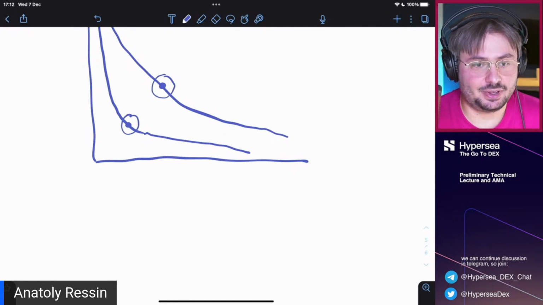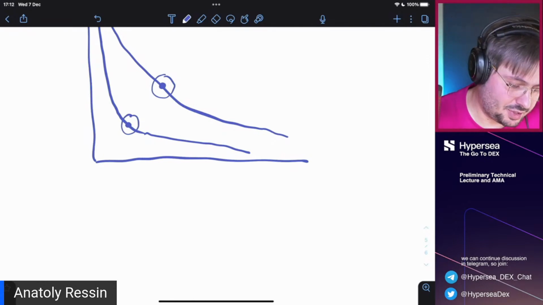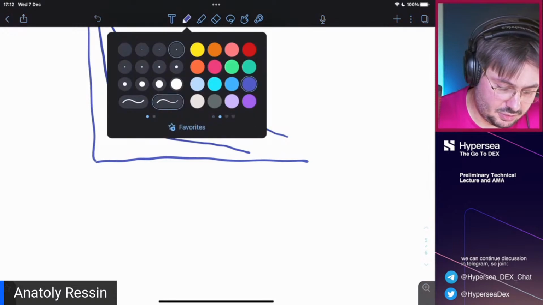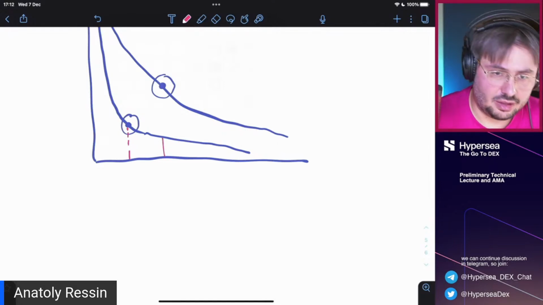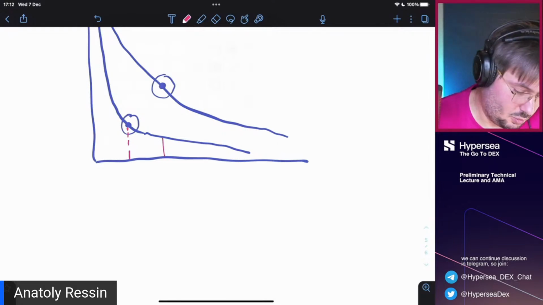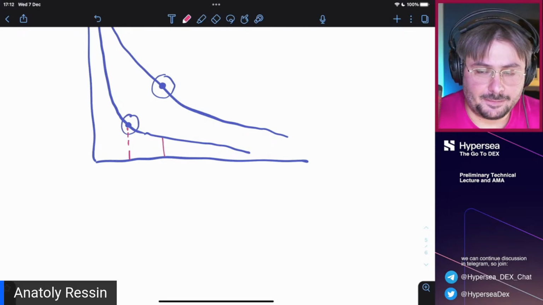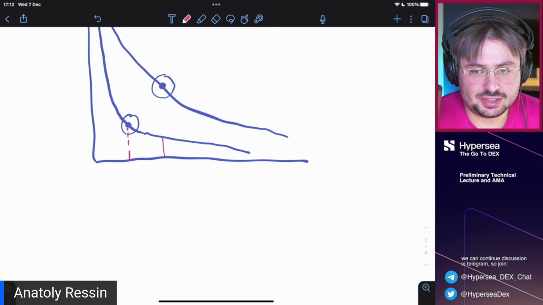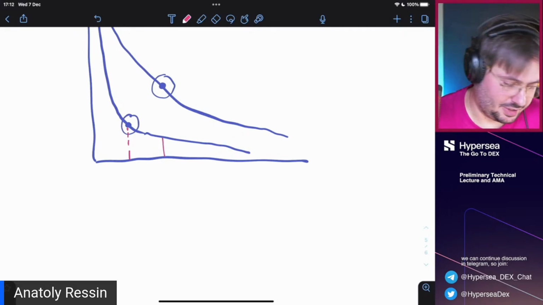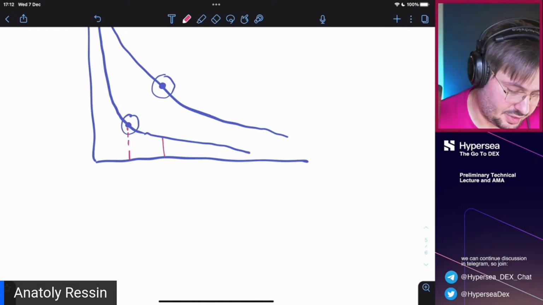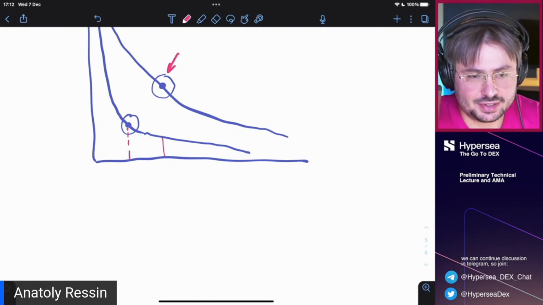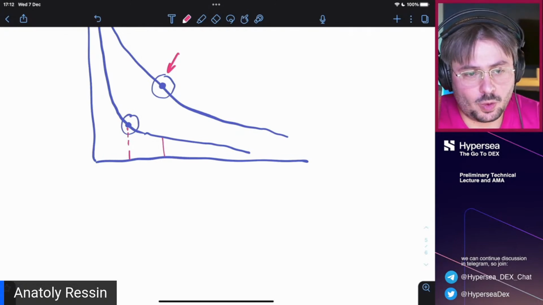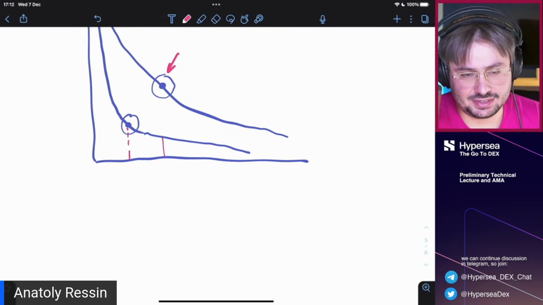And if a thing is less similar to a straight line, it means that when you move, you will experience big slippage in the price, rather than in this case.